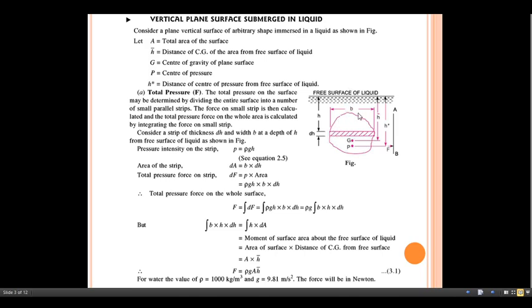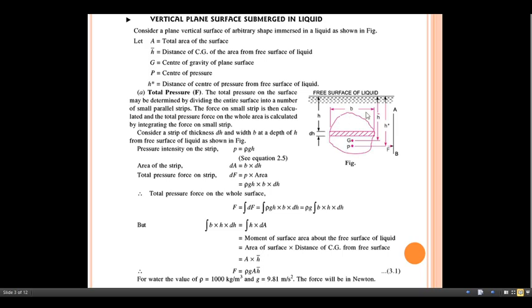Whatever the area is, you have to take the moment of this area about the free surface of the liquid, just like the moment of force. In this case, it is the area of the surface multiplied by the distance of the center of gravity from the free surface.